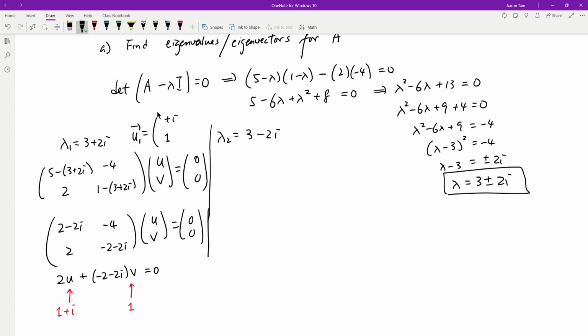Now, some of you might be thinking, can I do something different? Yes, you can. And you will probably end up with something that looks completely different from what I have. When I say completely different, I mean that you will feel like it's not a multiple of what I have, which would imply that it's wrong, because all eigenvectors are multiples of each other.